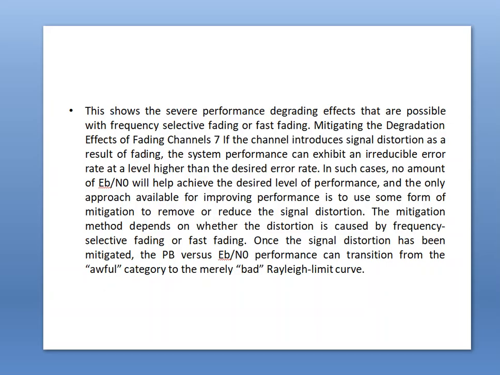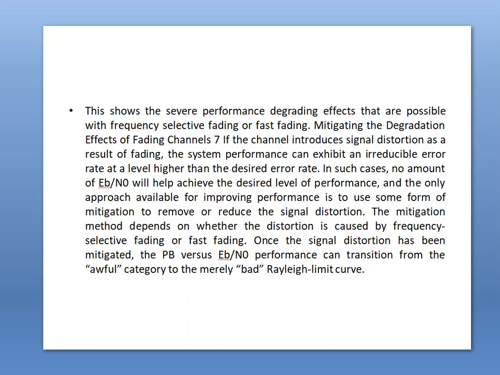Mitigating the degradation effects of fading channels: if the channel introduces a signal to noise ratio loss as a result of fading, the system performance can exhibit an irreducible error rate at a level higher than the desired error rate. In this case no amount of Eb/N0 will help to achieve the desired level of performance, and the only approach available for improving performance is to use some form of mitigation to remove or reduce the signal distortion.